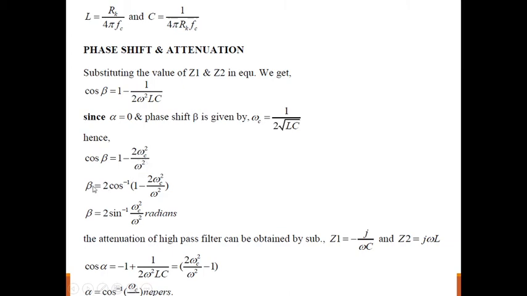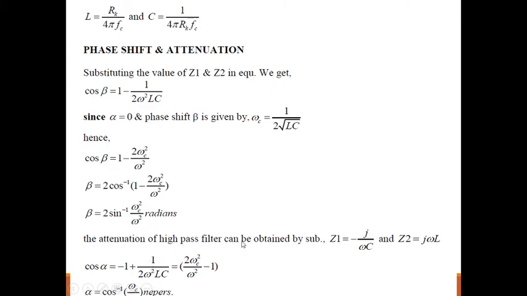Then beta is the cos inverse of 1 minus 2 omega c squared divided by omega squared. Changing the trigonometric relationship from cos to sin, beta is equal to sine inverse of omega c squared divided by omega squared radians.